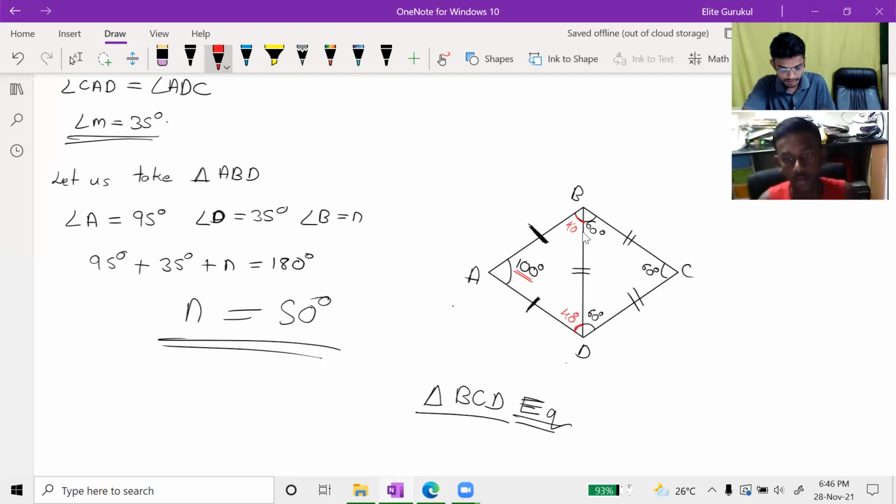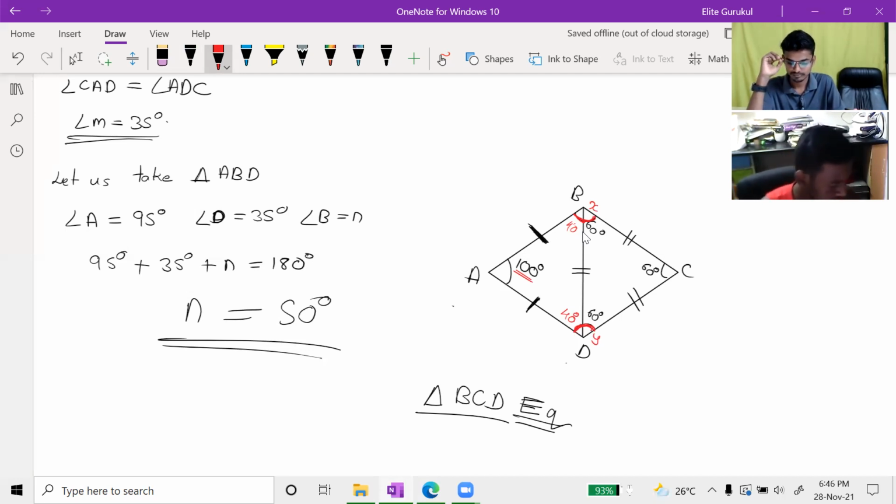Now tell me, they have asked us this angle is X angle and this is Y angle. Now tell me the measurement of X and Y. Sir, X and Y will be the same.